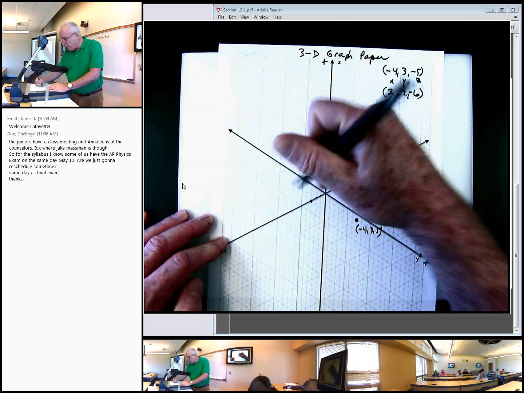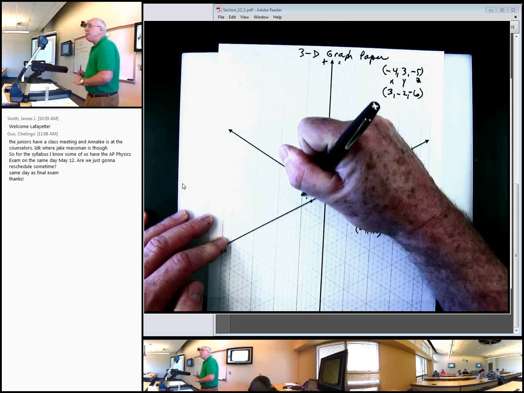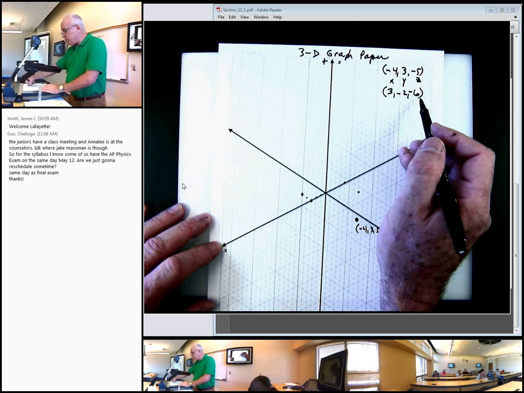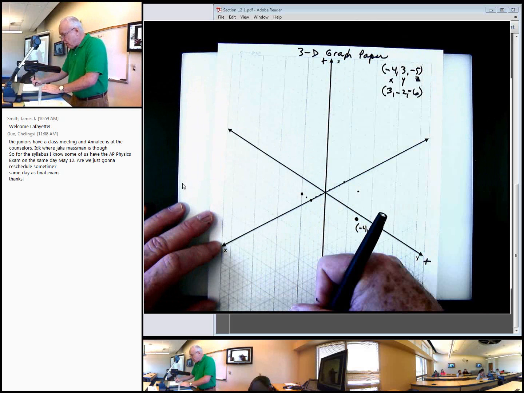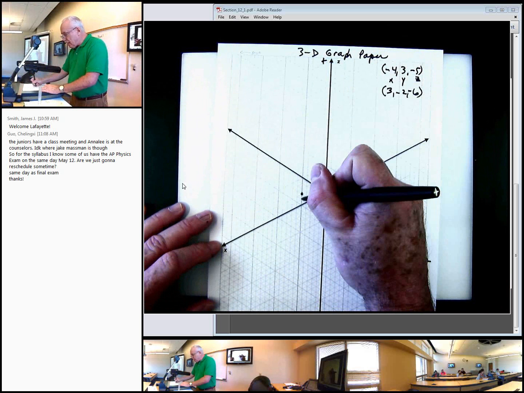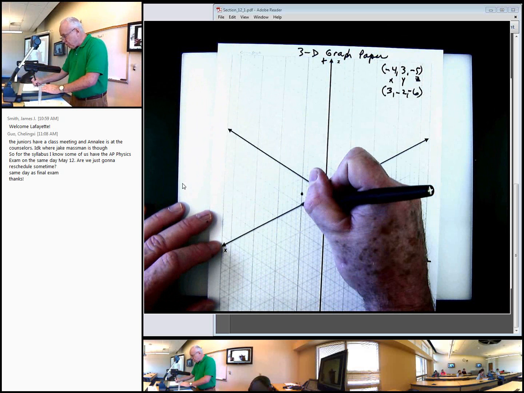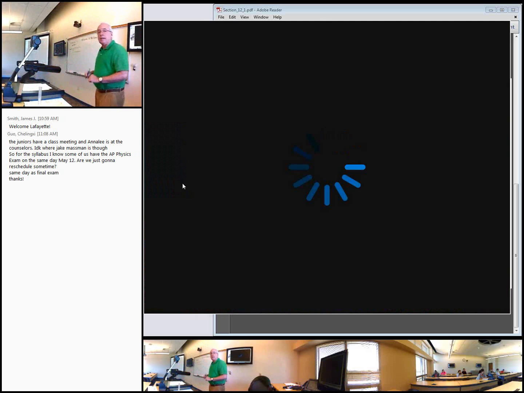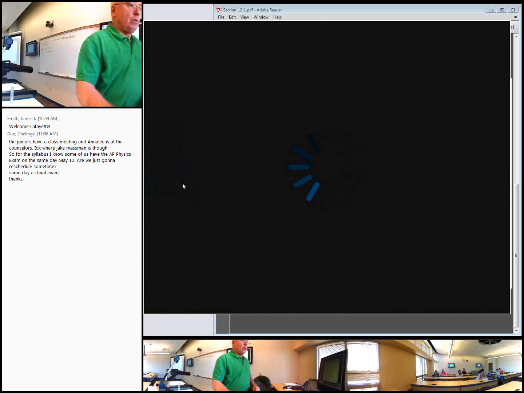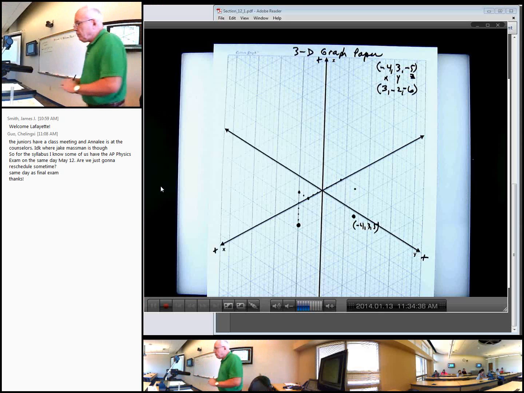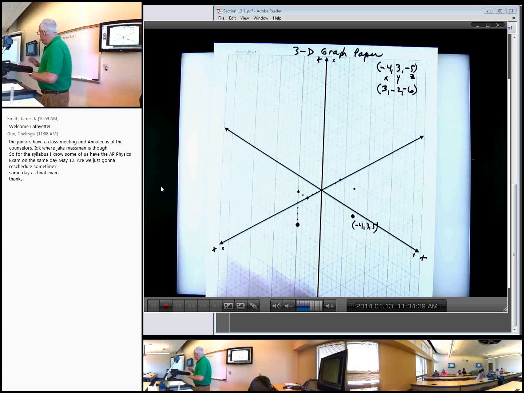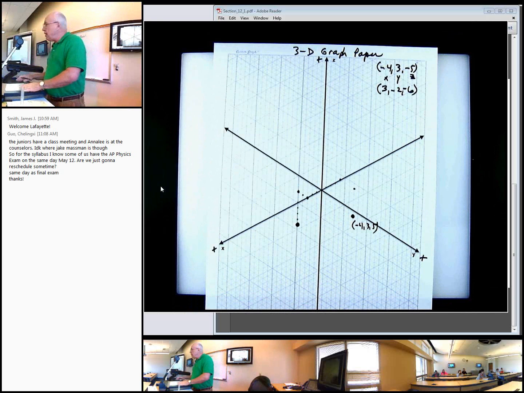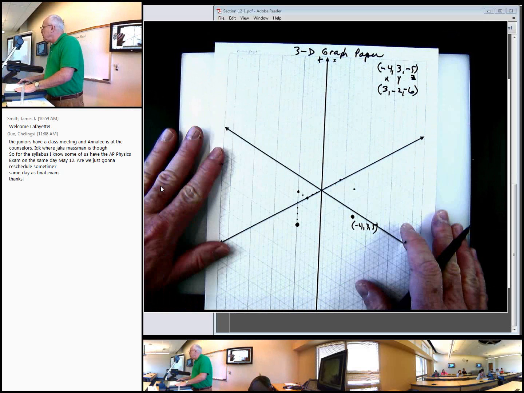So 1, 2. That gets me there. And then my z is a negative 6, which means I have to go down now. So that's my starting point. I go down 1, 2, 3, 4, 5, and 6. And that's the point that I end up at. When you can see the grid a little bit more clearly, I think you shouldn't have any trouble with it.